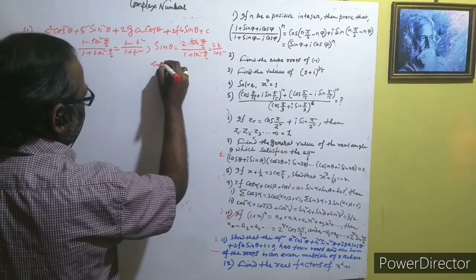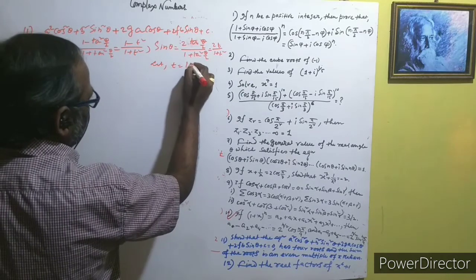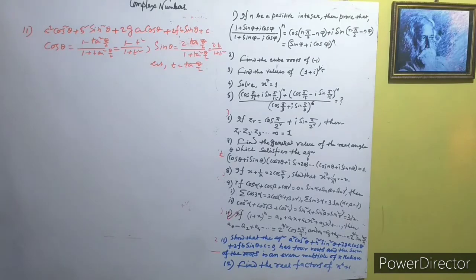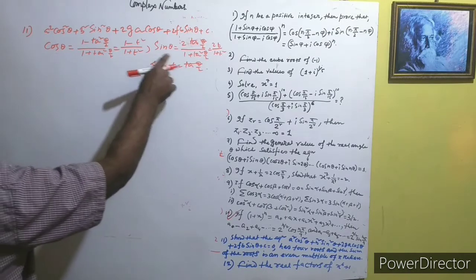Let t equal tan theta by 2, and with this expansion we substitute cos theta and sin theta.